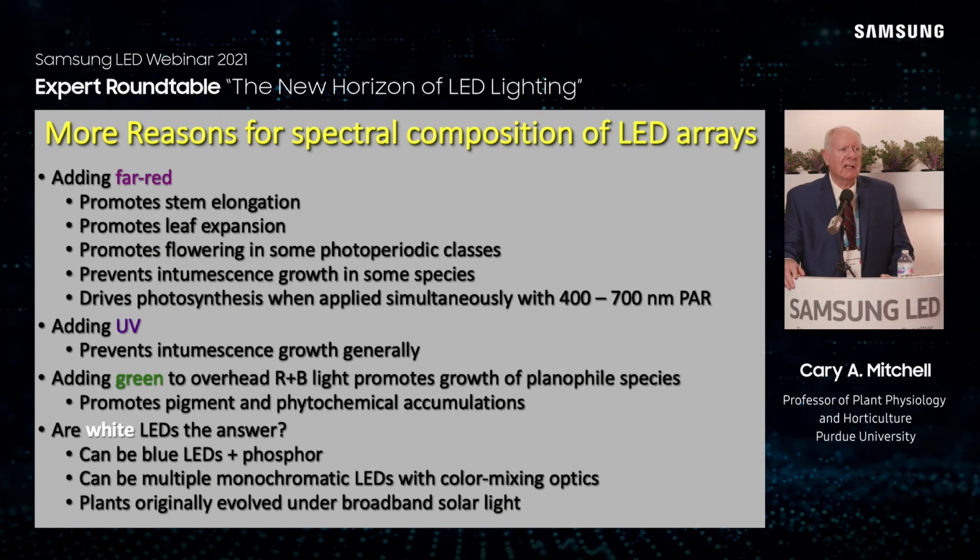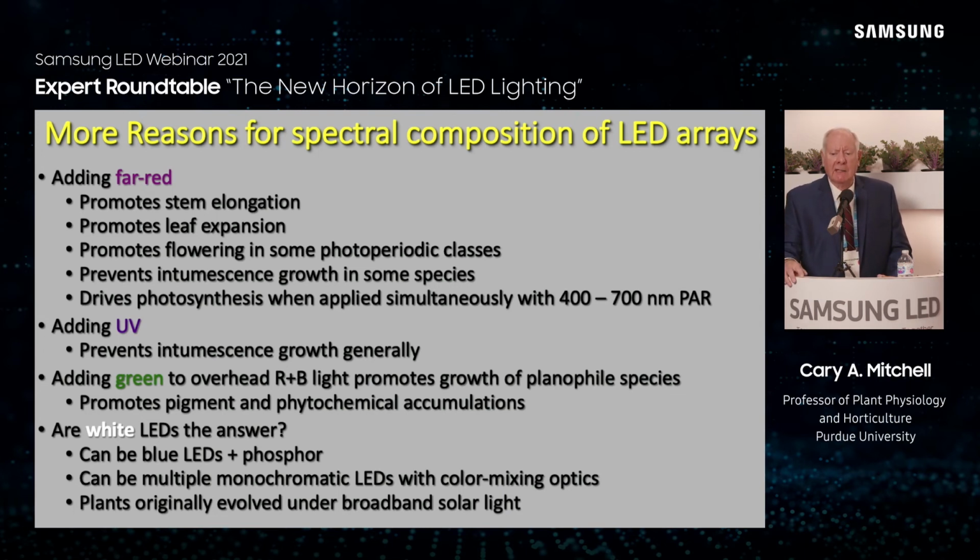And recently it has been found that it also drives photosynthesis when it is applied simultaneously with shorter wavelengths of PAR. So the two together, you get more growth, but you also get more leaf expansion. So it's kind of a double benefit. More photosynthetic surface and more photosynthesis, but the far red has to be simultaneous.